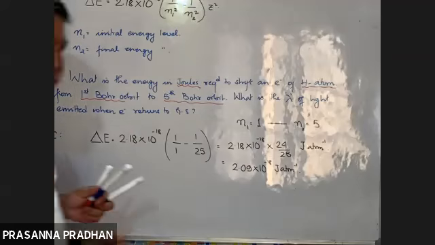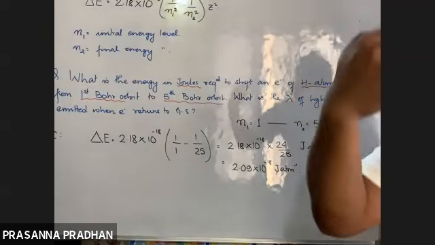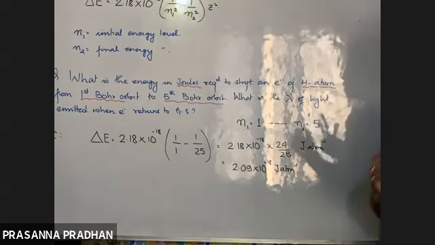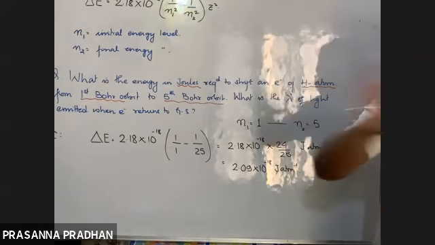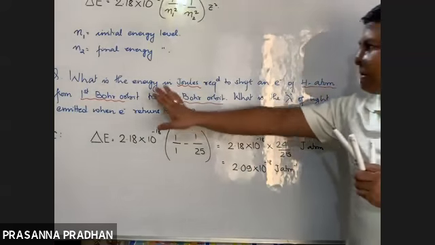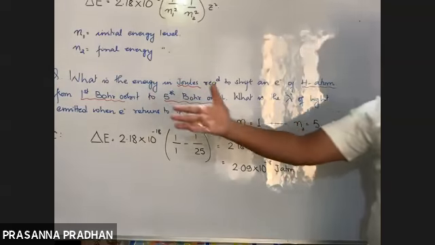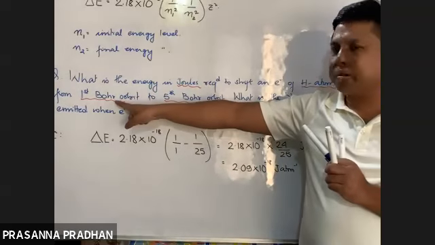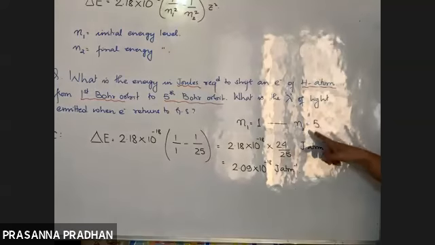N1 refers to the energy level where the electrons are initially present, and N2 refers to the energy level where the electrons are finally moving. Here, where was the electron? From the first Bohr orbit means initially in which orbit was the electron? First. That means N1 is 1. It is getting promoted to which orbit? Fifth. So N2 is 5.